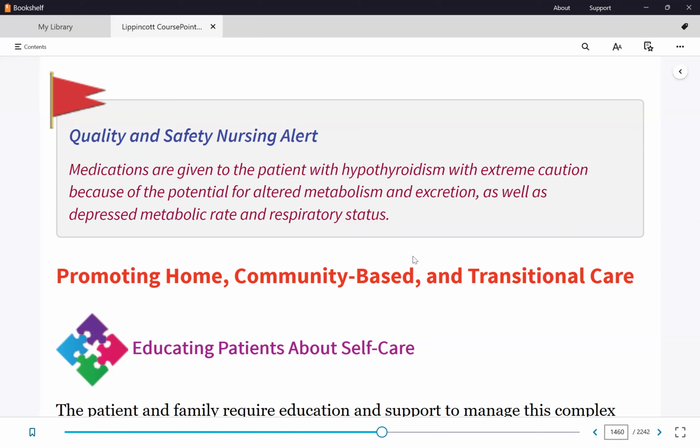Under the SCIP, which is the Surgical Care Improvement Project, a Joint Commission core measure, the Joint Commission says this is one of those drugs that should not be stopped. This is the same as steroids. So hormones like this, steroids, beta blockers, anti-seizure medications, those drugs should never be stopped.